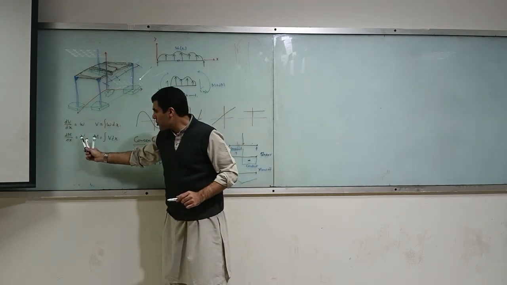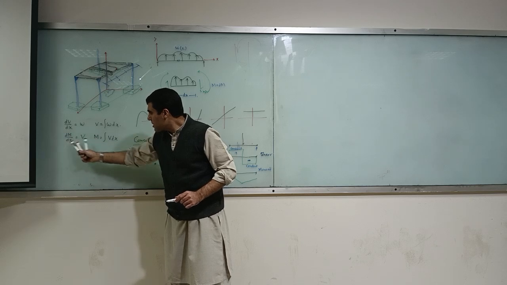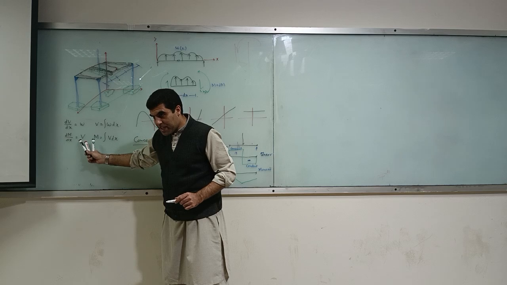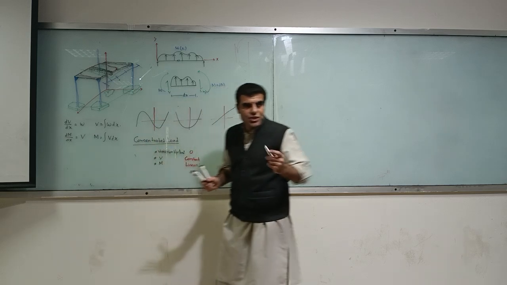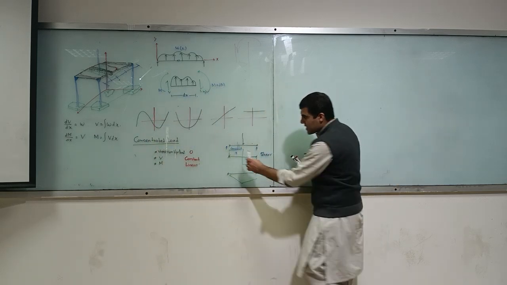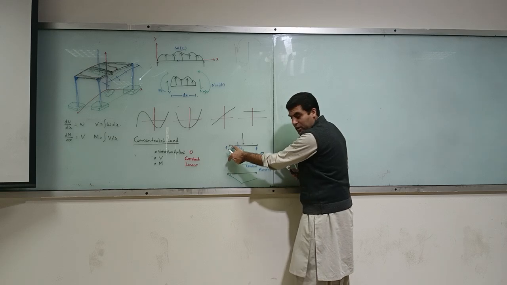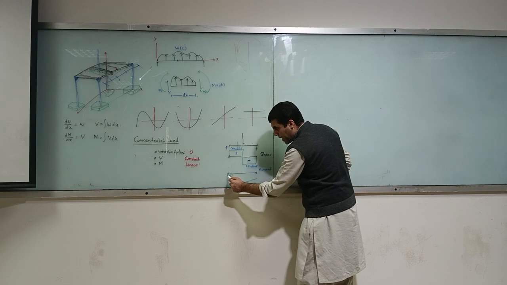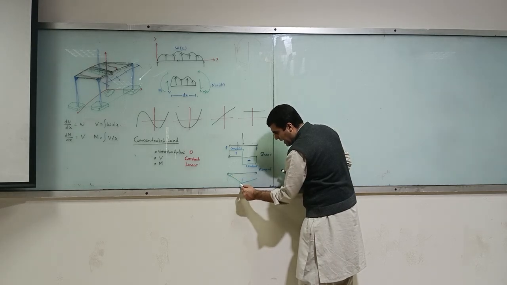What we established, the slope of the moment diagram can be determined from the magnitude of the shear. Okay, so if this magnitude is bigger, you will have a bigger slope over here. This is the slope. Okay, this is our slope, and this is our another slope.